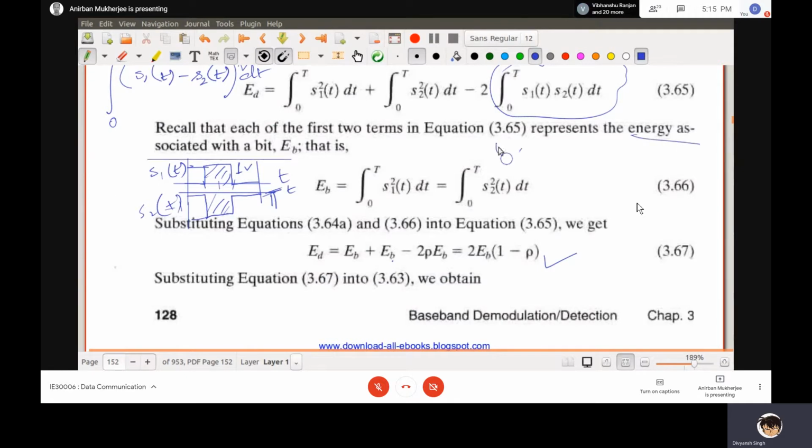That means 0 you are transmitting by some pulse from 0 to T, say S1(t). The energy of this S1(t) is my EB.